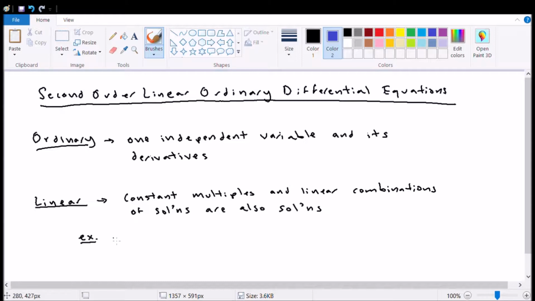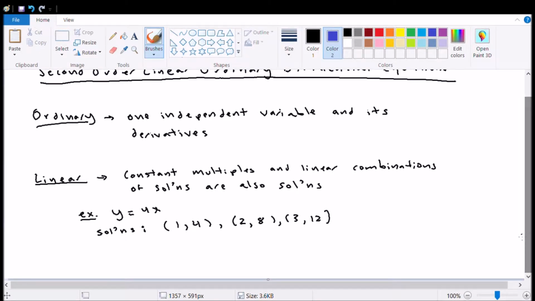An example would be 4 equals yx. So, some solutions of 4 equals yx include (1, 4), (2, 8), and (3, 12). Now let's first look at constant multiples. So a constant multiple would be 2, and 2 times (1, 4) equals (2, 8).